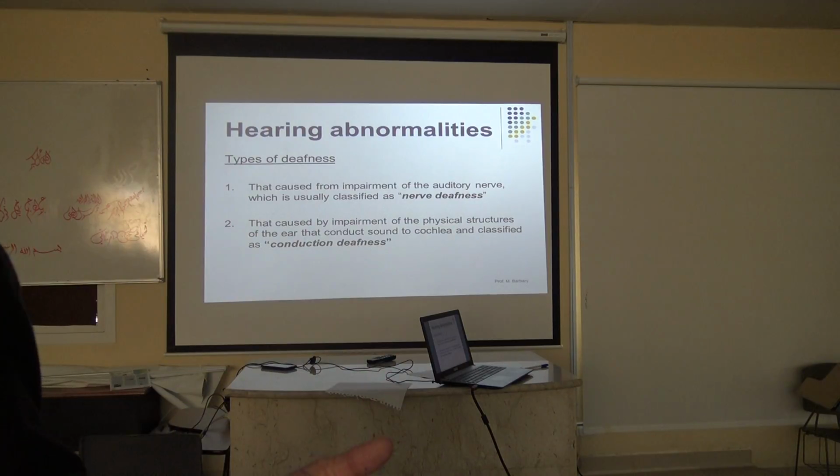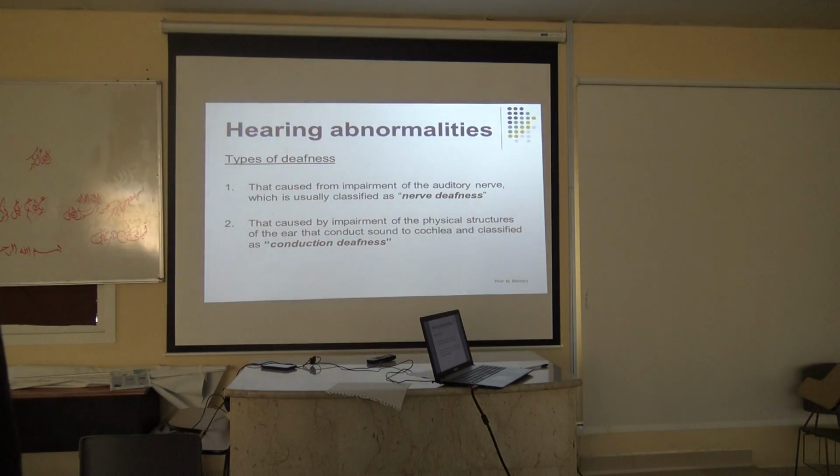So, how is it going? Is it going through air? Then it is going through bone transmission. This is called bone conduction. This is air conduction, the normal route, and this is bone conduction. When I am speaking, what conduction are you having? When you are speaking, what conduction are you having? Both.